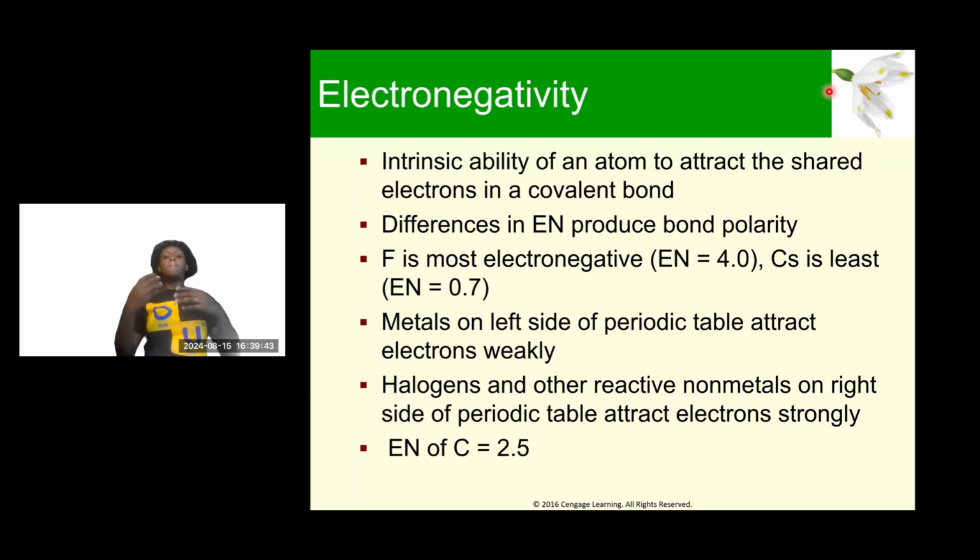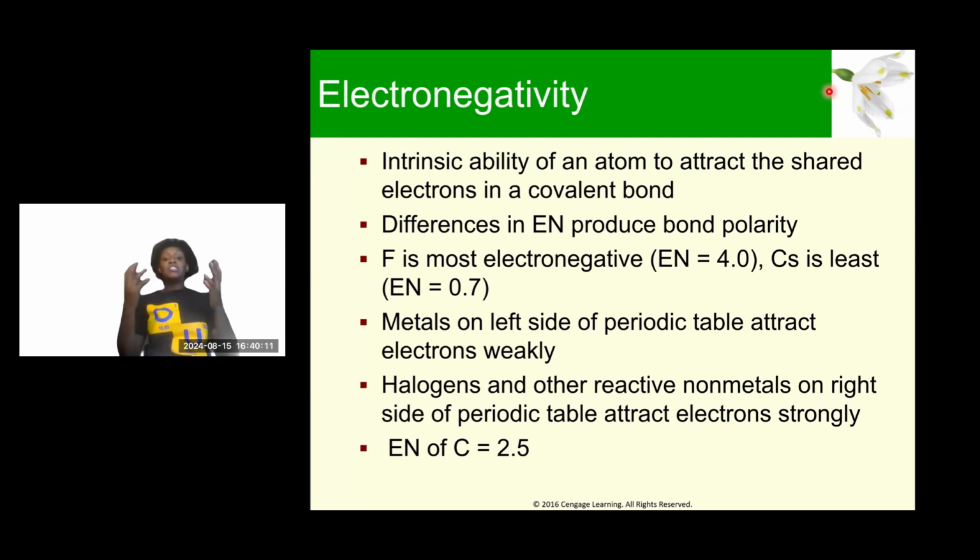Now, in general, metals on the left side of the periodic table attract electrons weakly, okay? So metals don't really attract electrons to them very strongly, whereas the halogens on the right side of the periodic table are going to have the ability to have a strong attraction to the electrons, okay?